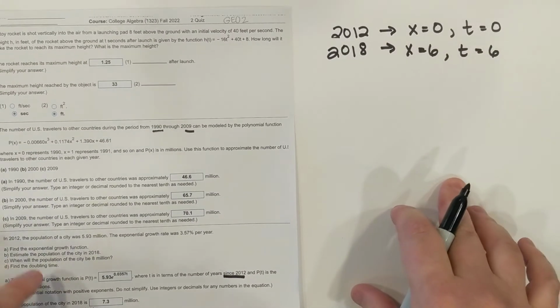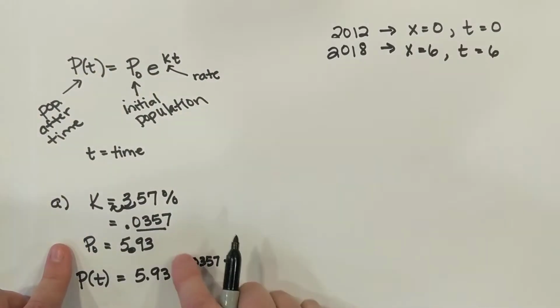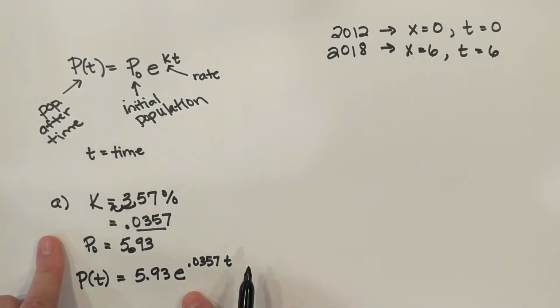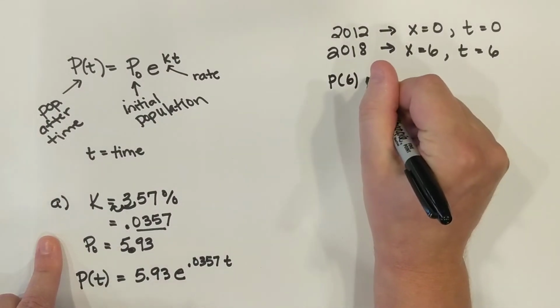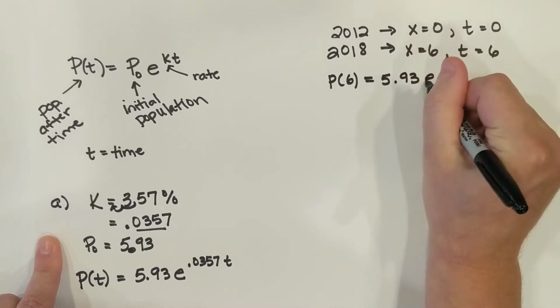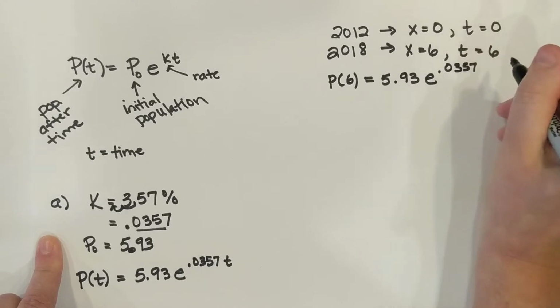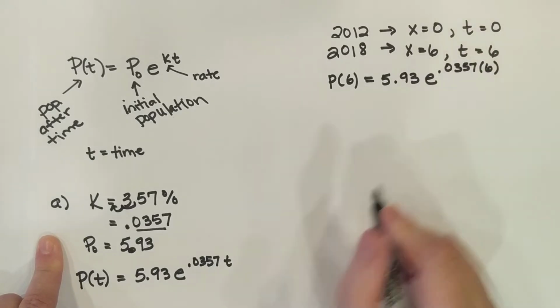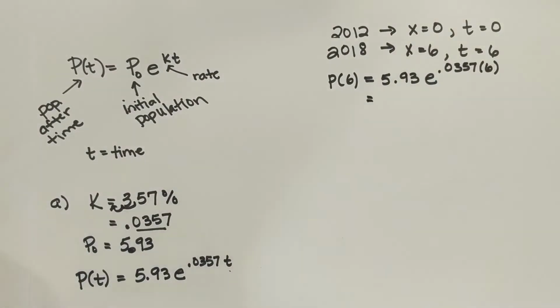So here we go. I'm going to take that 6 and I'm going to plug it into the function I found in part A. So it would look like P of 6 equals 5.93 e to the power 0.0357, and then my 6 goes right there where the t is. Then this becomes a calculator problem.